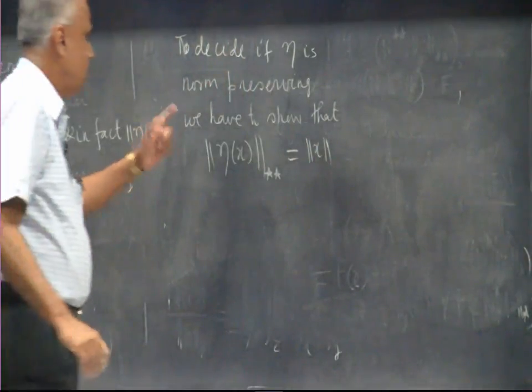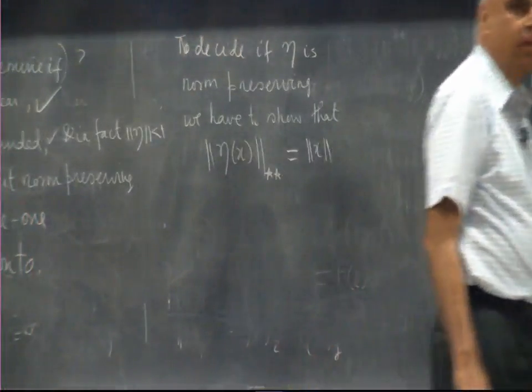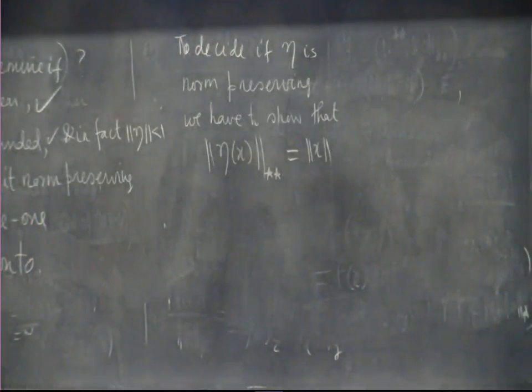To decide if it's norm preserving, you have to show that this is equal to. Okay, but we already have less than or equal to.